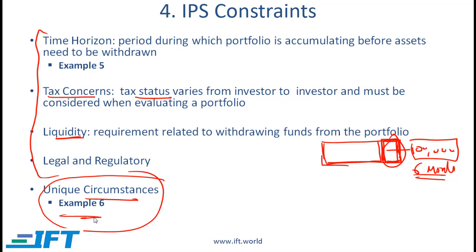If you have a client who does not want to invest in companies that deal with alcohol, tobacco, and firearms, that needs to be specified under unique circumstances, and that particular constraint obviously will impact the sorts of investments that can be made and the sorts of investments that cannot be made. Here I want you to read example 6 from the curriculum.